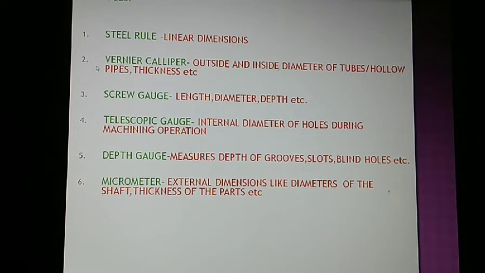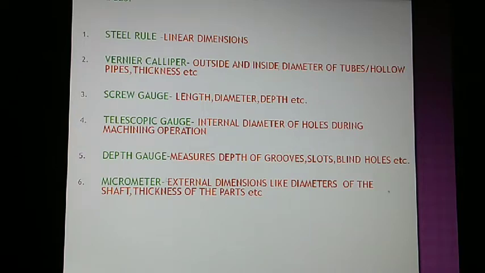All these instruments you are seeing are used to measure dimensions, but the important criterion is that these instruments should be in contact with the object to be measured. Similarly, the depth gauge measures the depth of grooves, slots, blind holes, etc., and for that, the depth gauge should be in contact with the object.